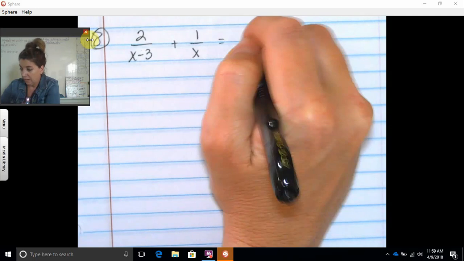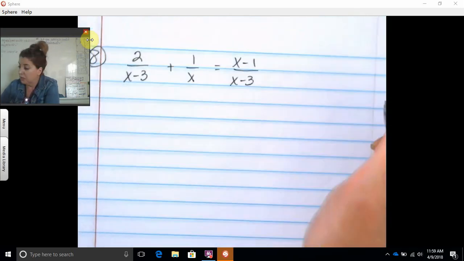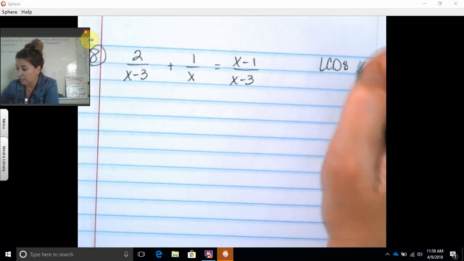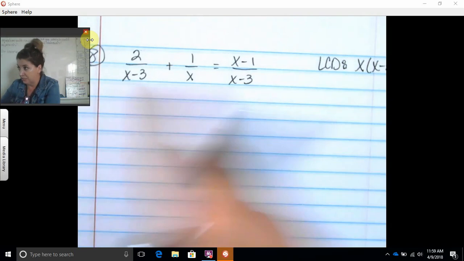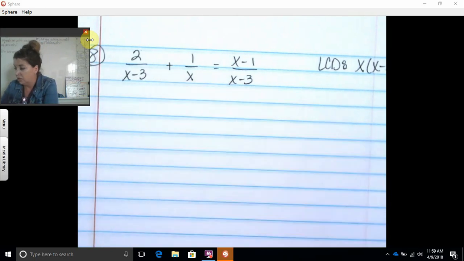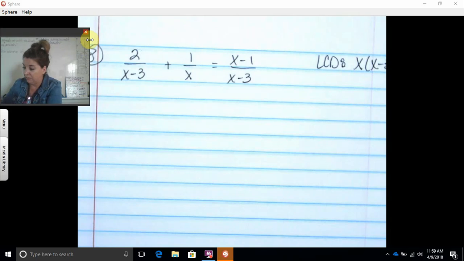Is it a long problem? I haven't worked it yet. Okay, we already said last class that our least common denominator is x and x minus 3, right? None of my denominators can be factored. So if they could, then I would factor them first, but I can't. So my LCD, I'm going to multiply every term by the LCD to clear the fractions.